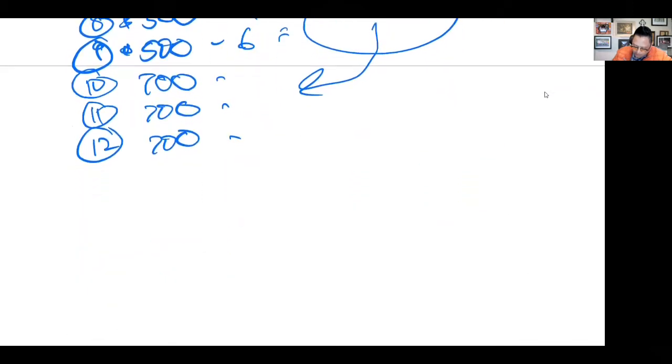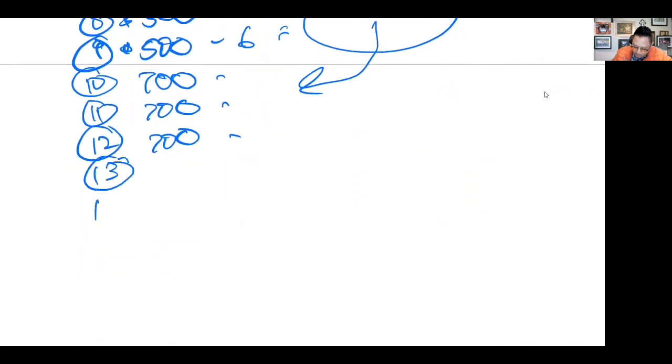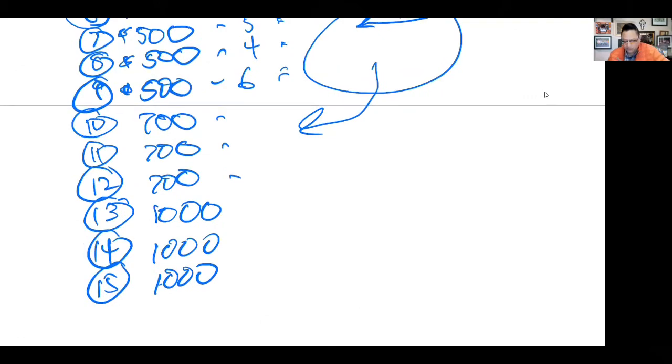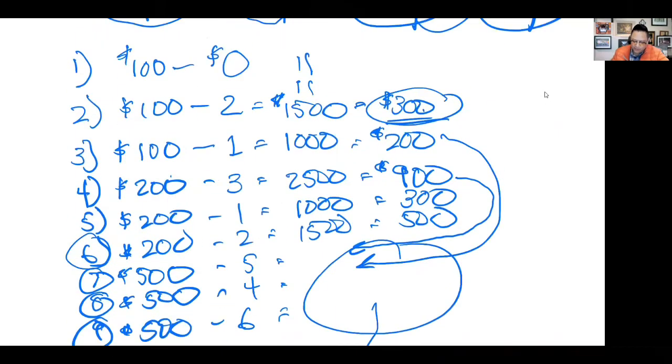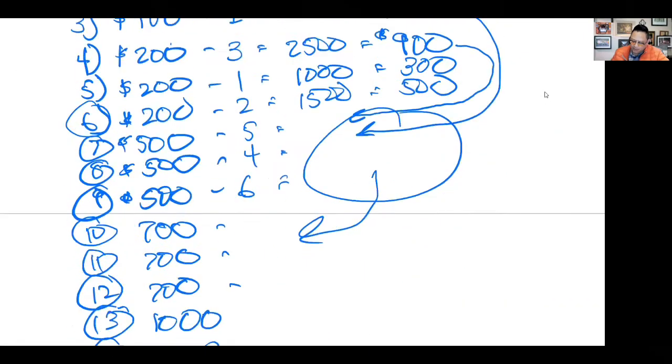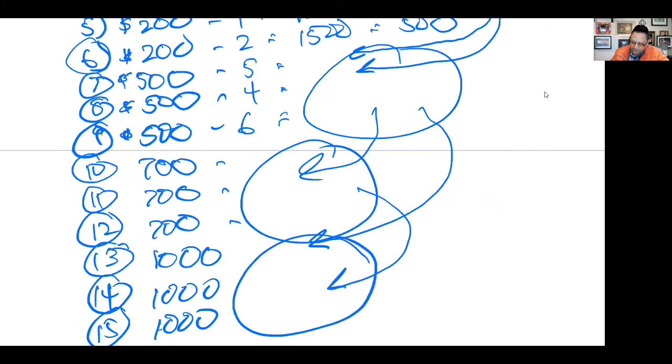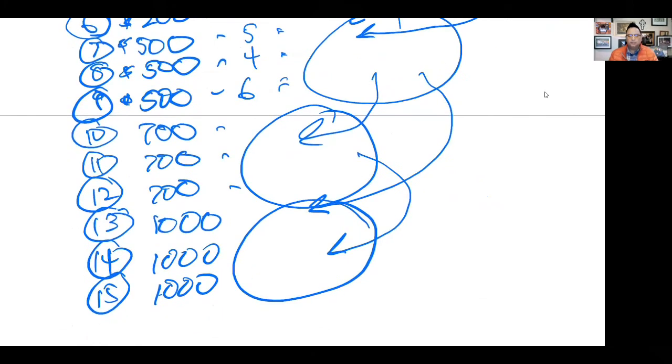And then week 13, 14, 15, maybe you are seriously at $1,000 a week. Okay, so within 15 weeks, you start at 100. You leveraged and reinvested, so now you're getting the return on investment.